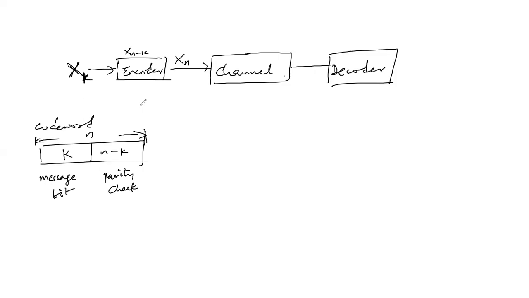Now, for us to get this code word, there's something we call the generator matrix in this encoder. This is what will generate all the possible code words in the code book.